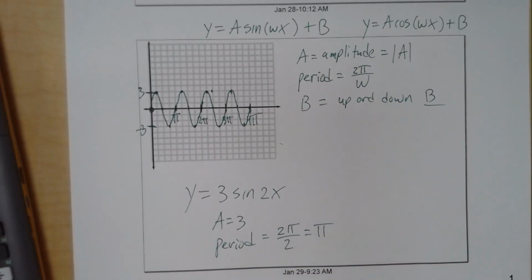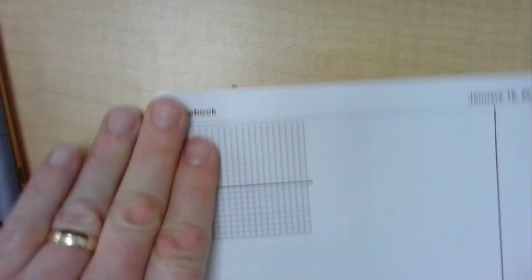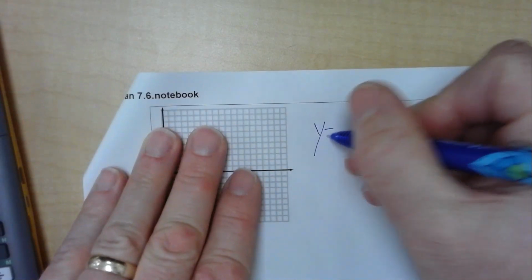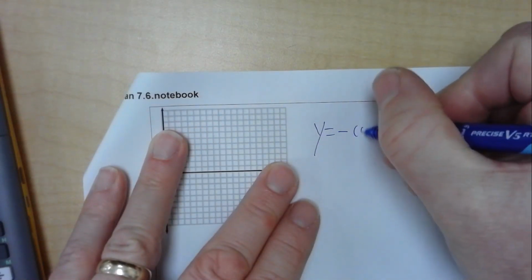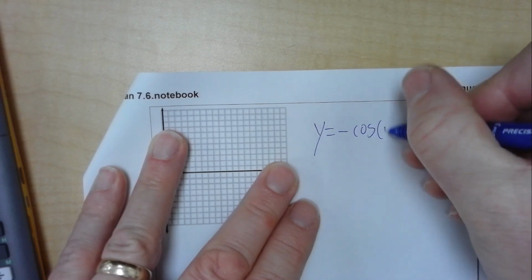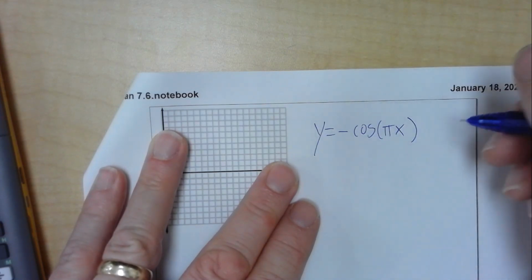All right. Let's do another example here. So y is equal to negative cosine pi x.